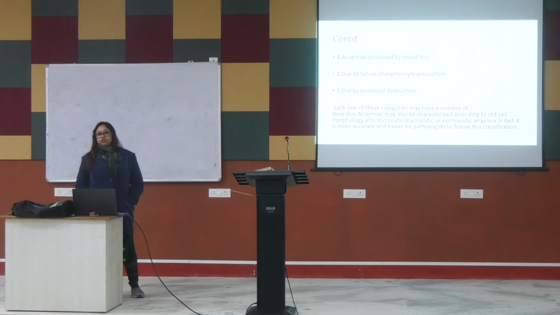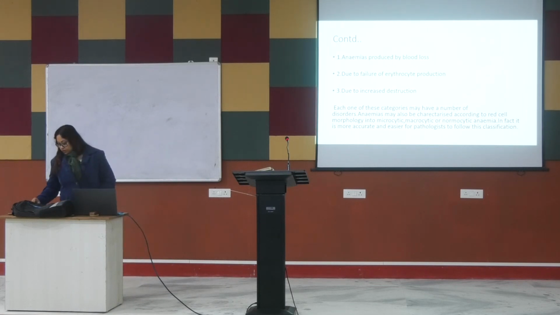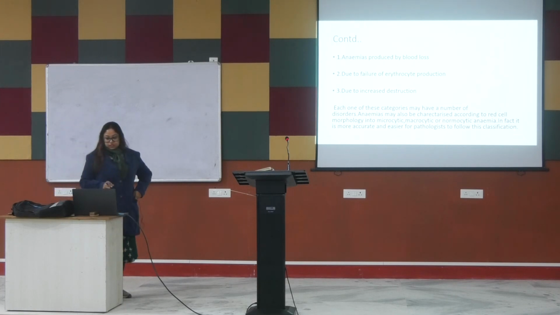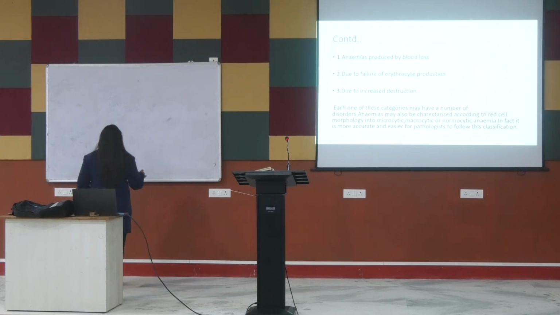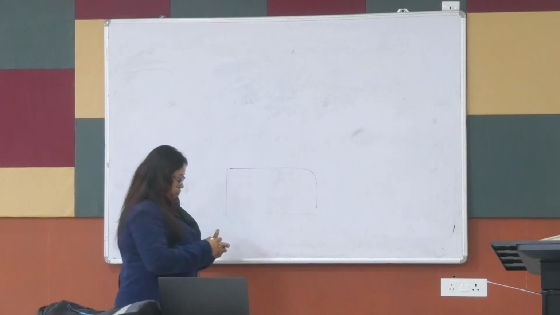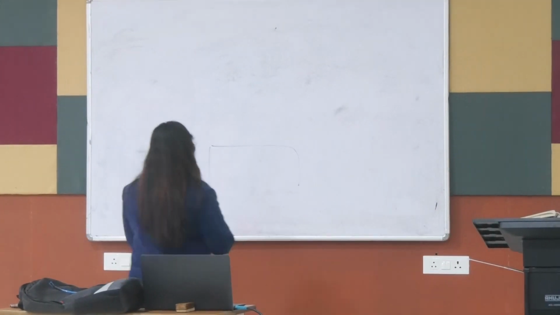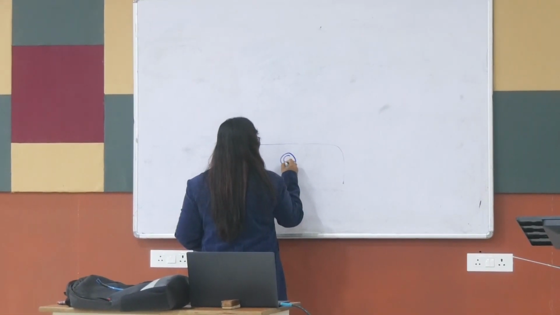So, how do we define the size: microcytic, macrocytic and normocytic anemia? It is seen in the peripheral blood smear, by comparing with the size of the nucleus of a small lymphocyte.